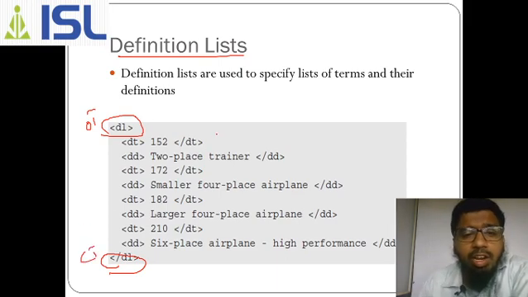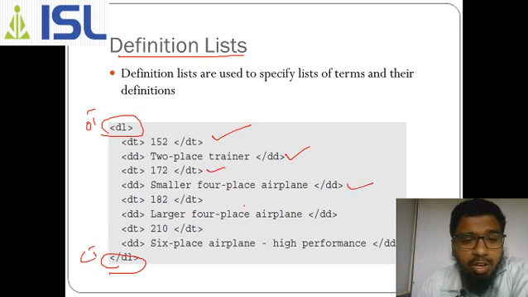Okay, and here DT, definition type, and DD, definition data. Okay, and this is DT DD, DT DD, DT DD.